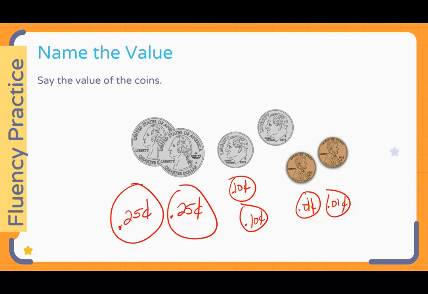Okay, then you count it, total it up. I know 2 quarters makes 50 cents. Count my tens, 50, 60, 70, 71, 72. Okay, so that's how I want you to do that.